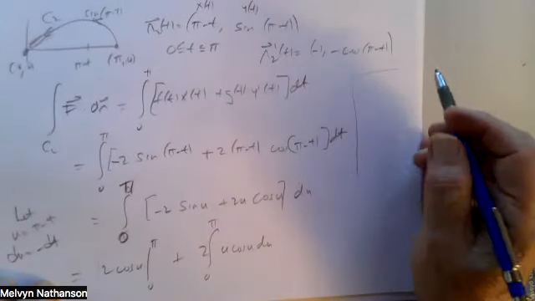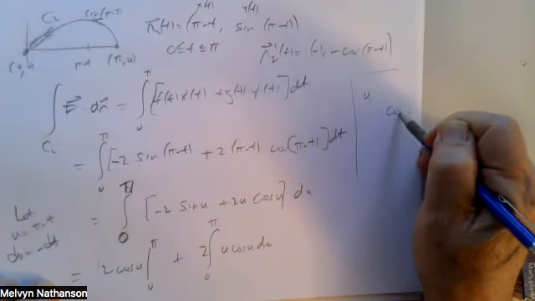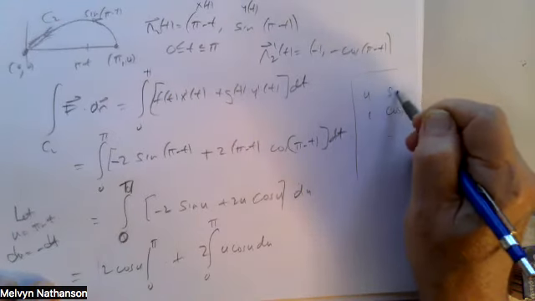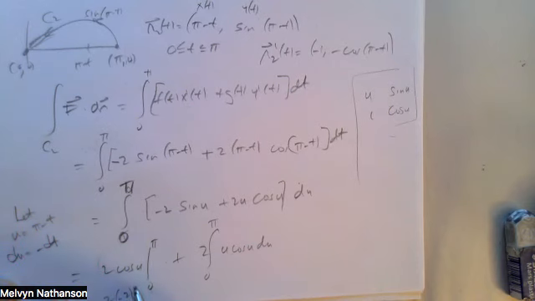Let's recall integration by parts. The first part, 2 cosine u, is 2 cosine pi minus 2 cosine 0. This is 2 times minus 2, or minus 4. This integral is just minus 4.